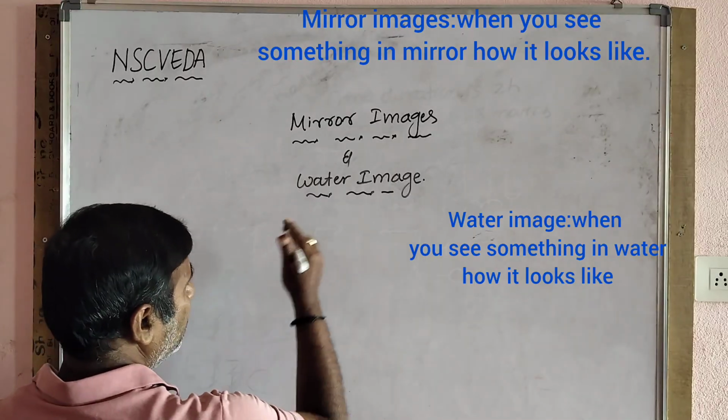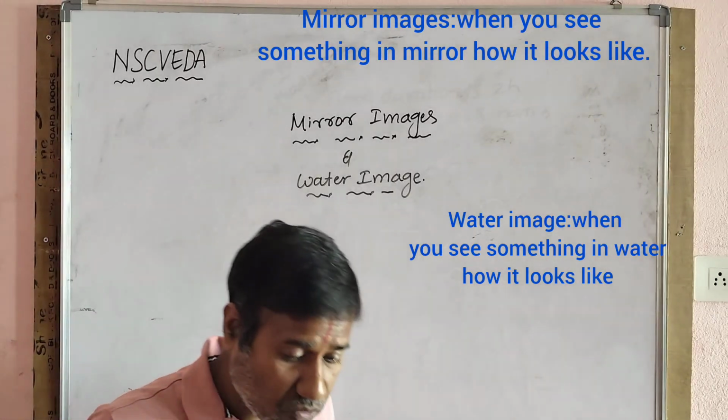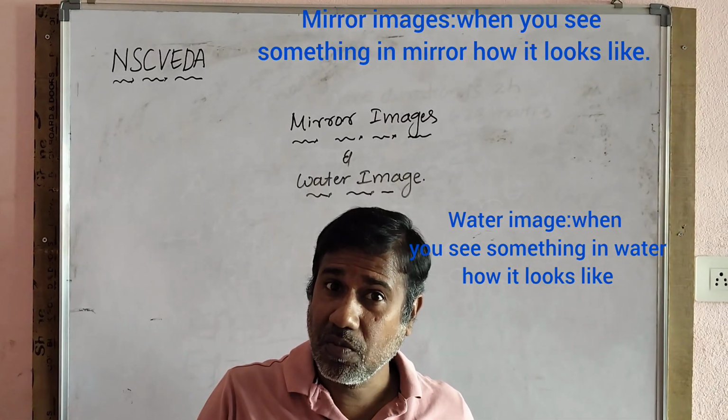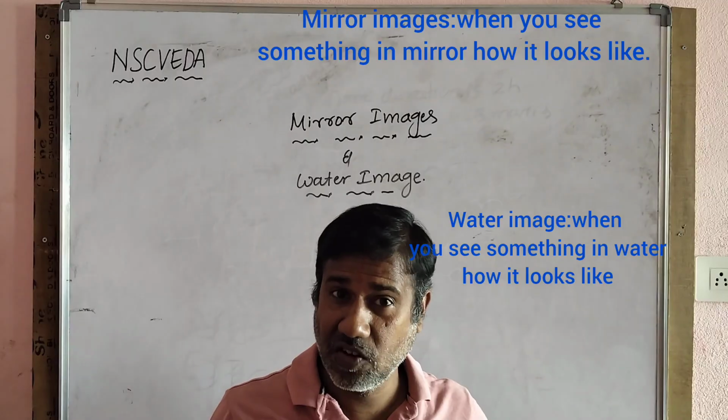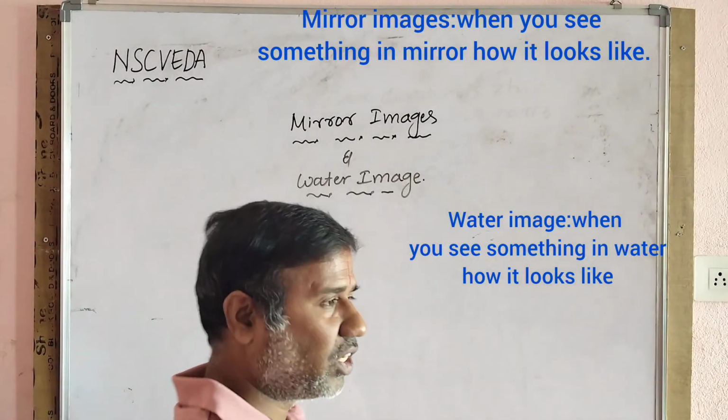So here in water image, what it means is, when you see something in water, how does it look like? Here top will become bottom, bottom will become top, left will be left, right will be right. So here vertical inversion will happen.